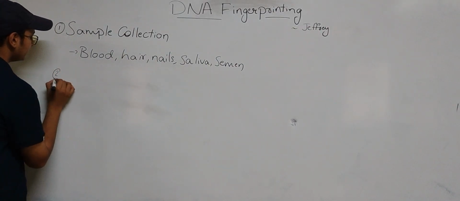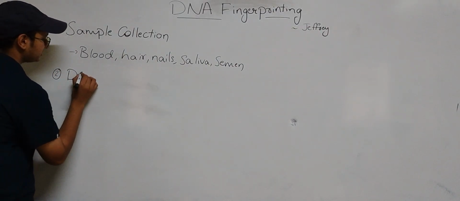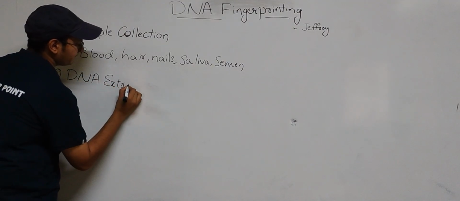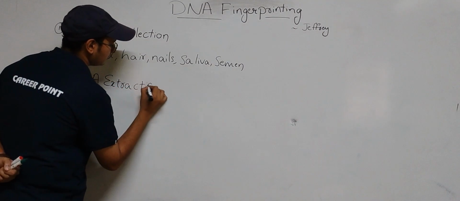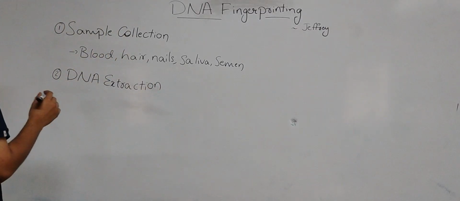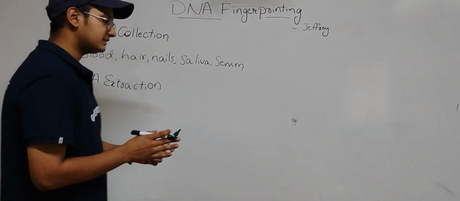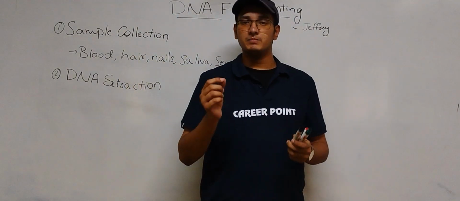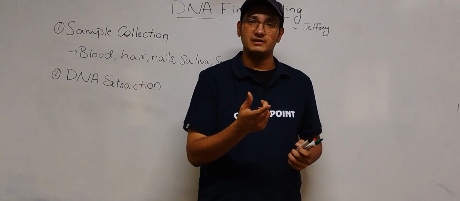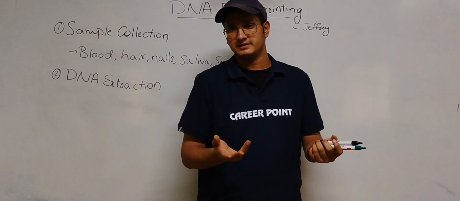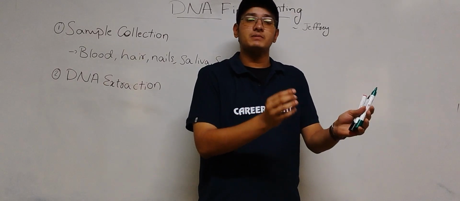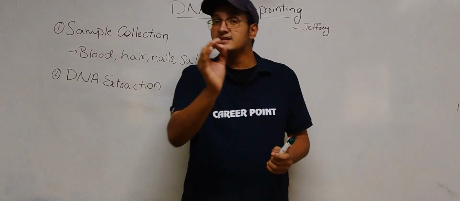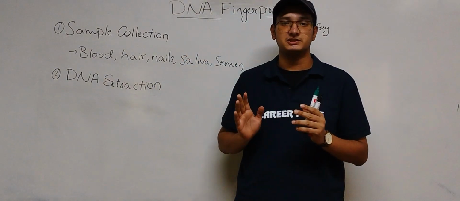And the next step is DNA extraction. So suppose we collected a blood drop. If we take a blood drop, what will be there in the cell? There are different kinds of parts in it. So we need to remove them to get the DNA from it. Only then we can move further. That's the reason why we are doing DNA extraction.